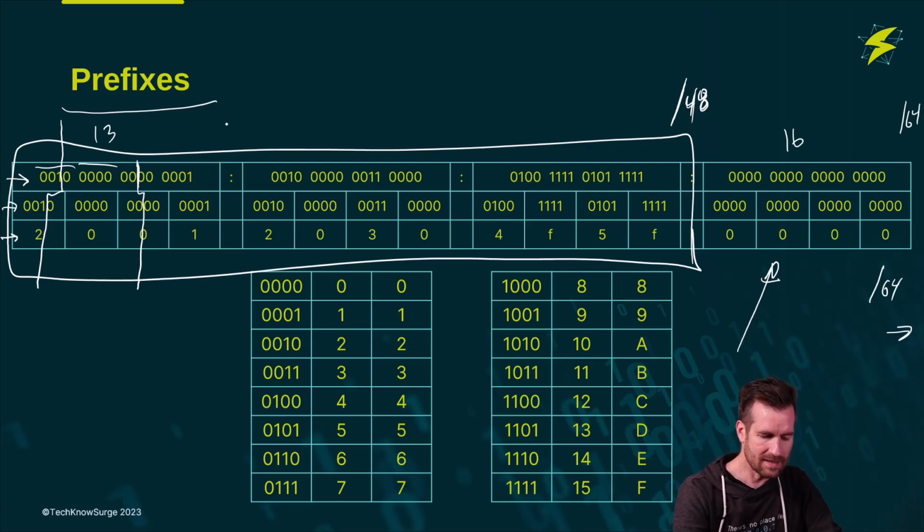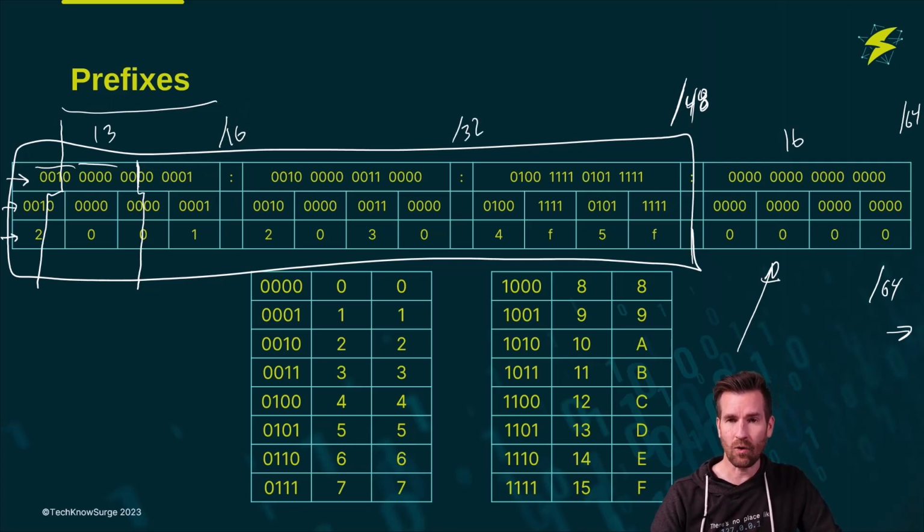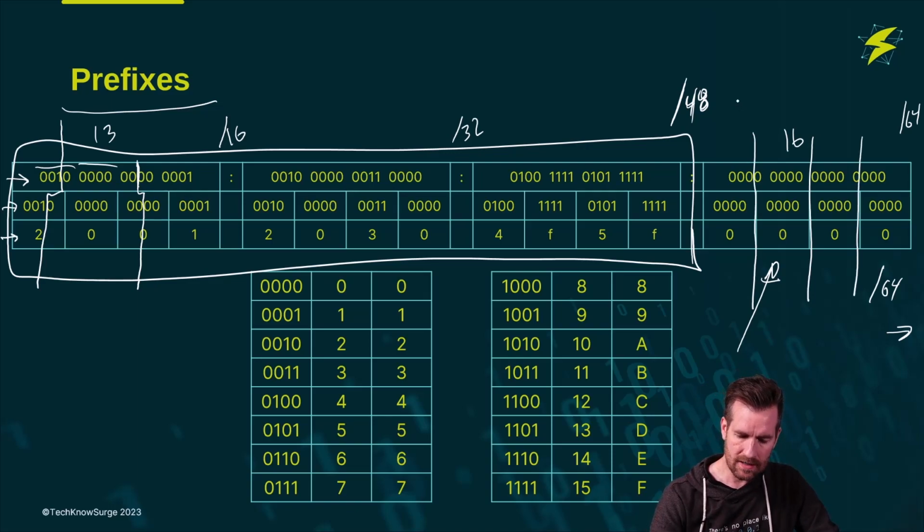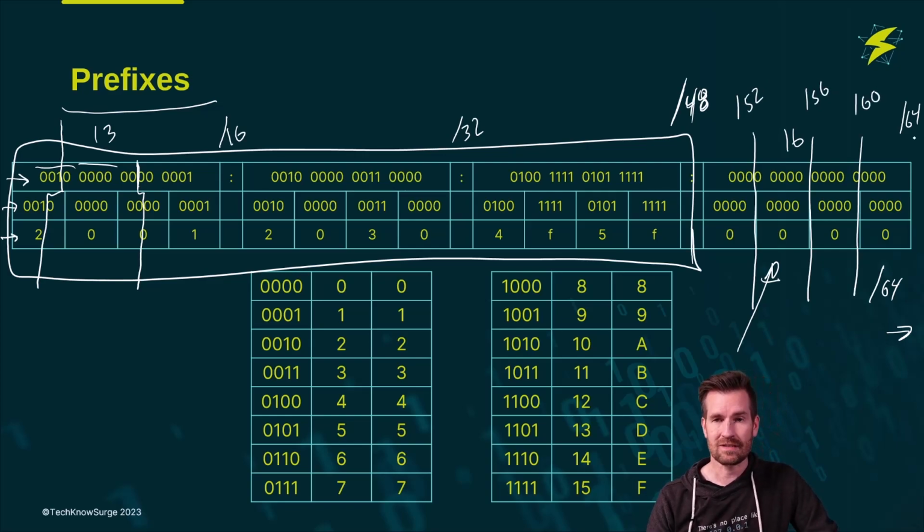Or maybe we see a /16 because that's the first 16 bits, or maybe we see a /32 or a /48. Usually we break things down into nibbles, so maybe you're breaking down your network into these portions right here, and you're going to see a /52, a /56, a /60, and a /64.